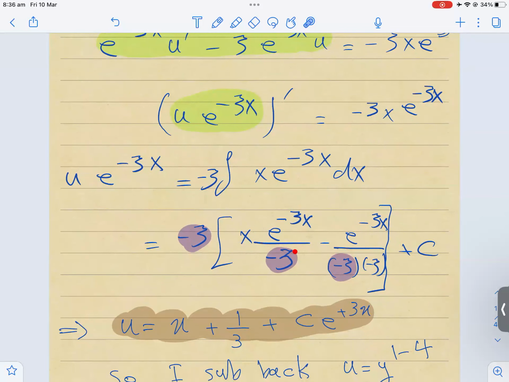How was I able to get this? What did I do here? Integrating by parts. Do you agree? So let's write a small remark here.